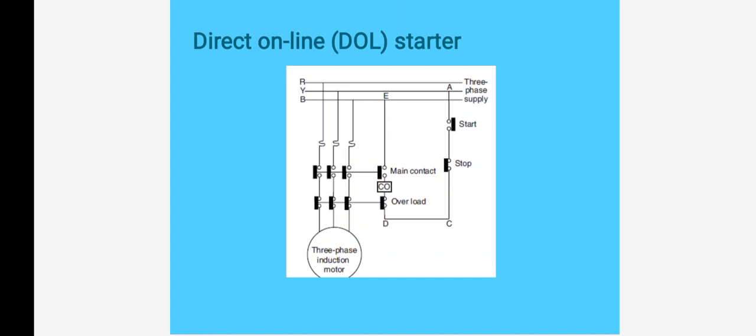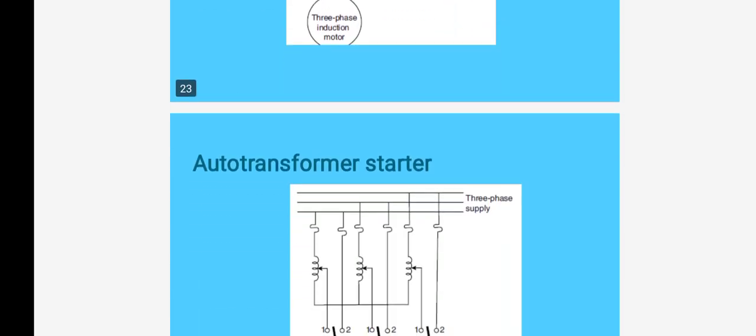There is a 3-phase induction motor, a main contact and overload. You can see there are start and stop buttons. If you press the start button, the motor starts immediately. If you press the stop button, it automatically breaks the operation of the motor.